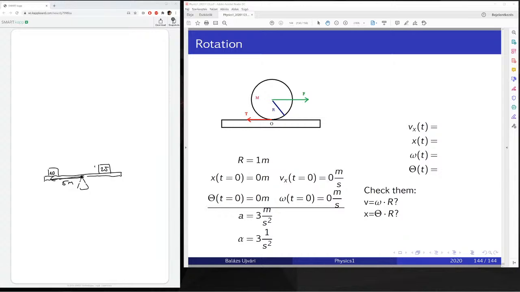Let's go back. Who knows what R2 is? Where should I put this box to be balanced? And what is this reaction force that goes through the axis of the rotation of the seesaw, the supporting system?